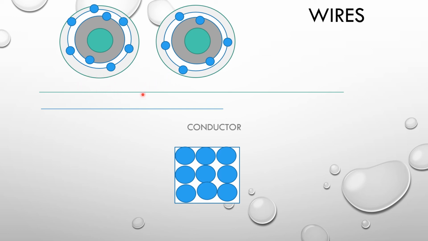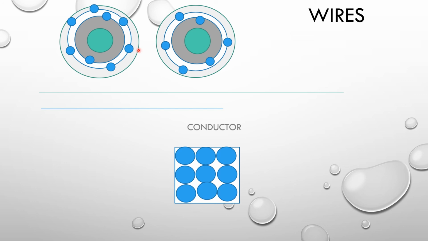In both these atoms, the nuclei have a force of attraction with each other, and the electrons of the two atoms have a force of repulsion between them.